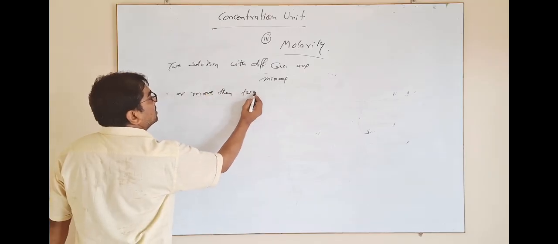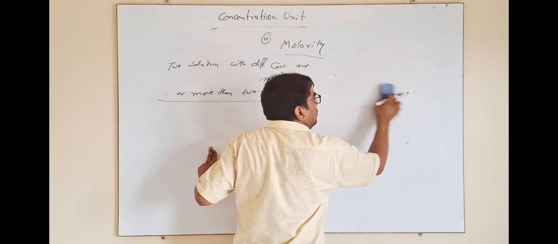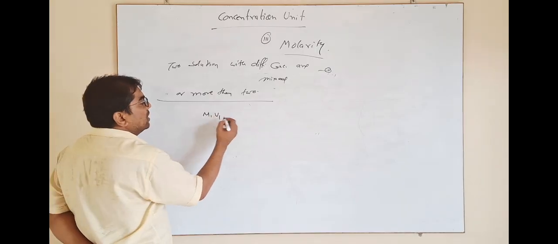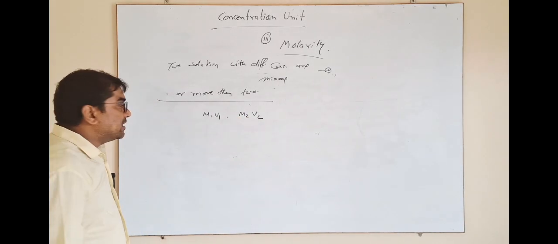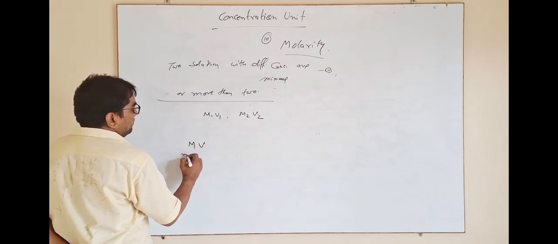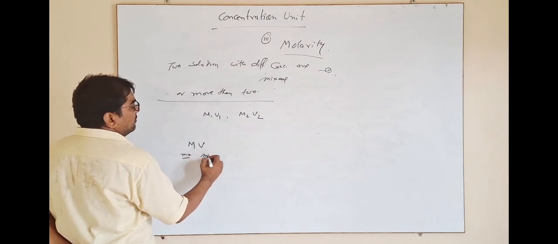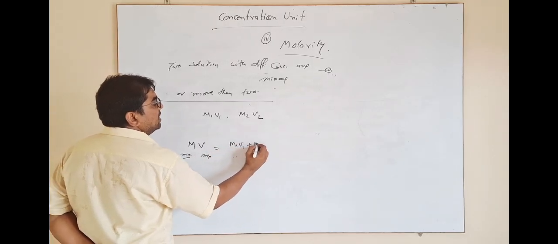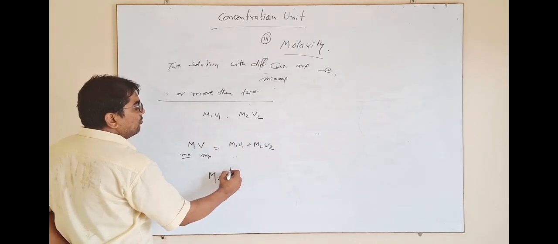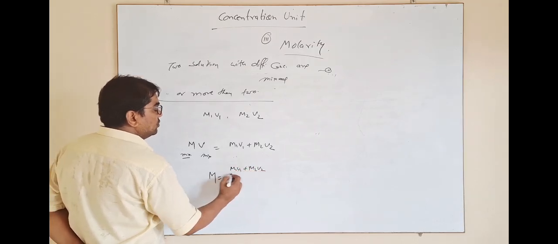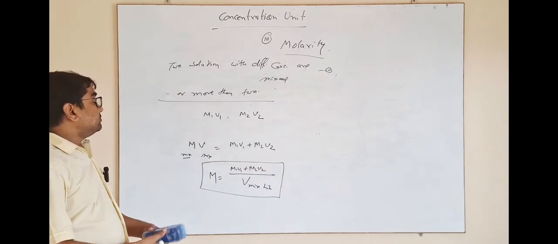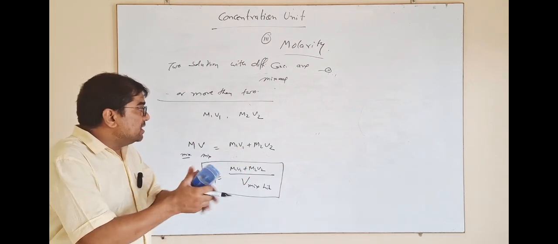Suppose we consider M1V1 for the first and M2V2 as the concentration for the second. When both solutions are mixed, then MV, the molarity and volume for the mixture, will be equal to M1V1 plus M2V2. Overall strength will be added. Therefore, we can note down molarity of mixture equals M1V1 plus M2V2 divided by volume of mixture in liter. So this will be the equation when two solutions are mixed with one another.